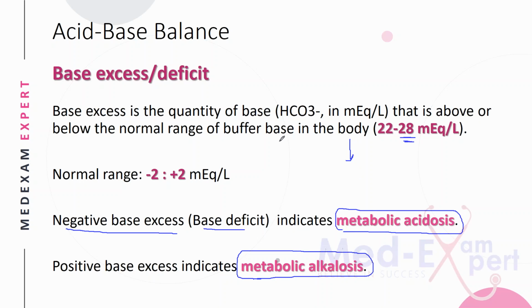So again, base excess or base deficit is another way to represent the level of bicarb in our body, and normally it is from -2 to +2. And of course, when we go to the steps of interpretation of the ABG, you will know how the level of the base excess or base deficit will confirm my diagnosis when I interpret an ABG.